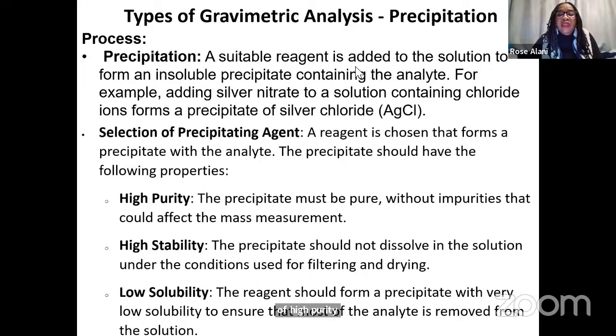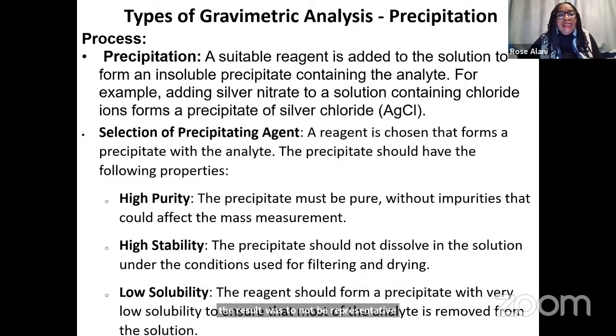This is important because with impurities, you will not have the exact mass of what the result will be. It will give you error. You will have the result, but it will not be representative of what you're actually looking for.